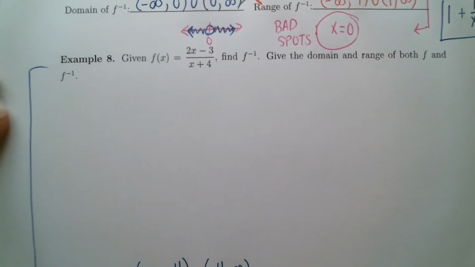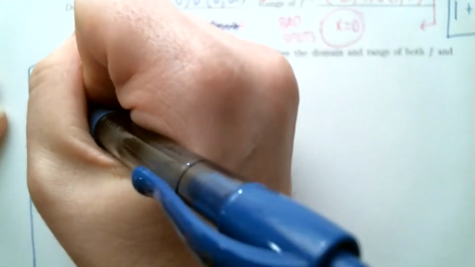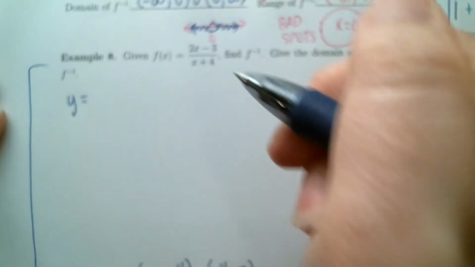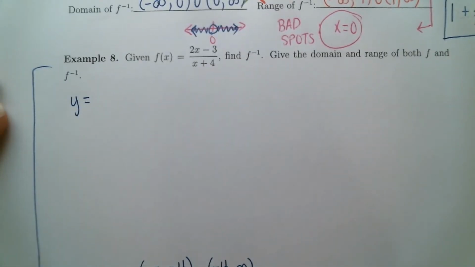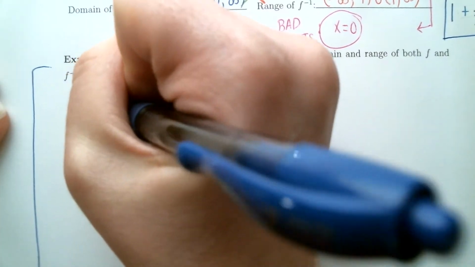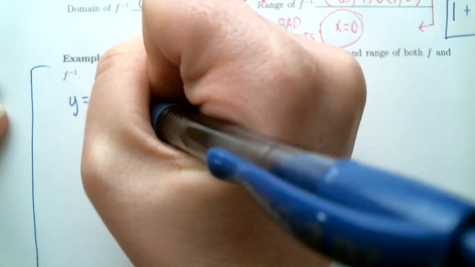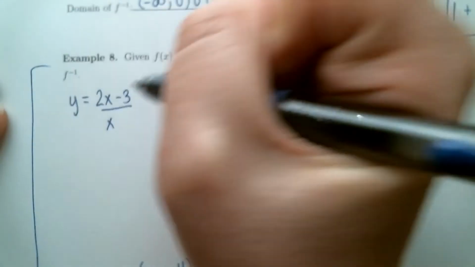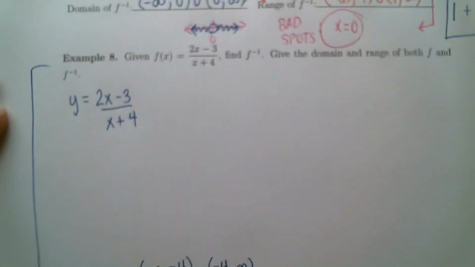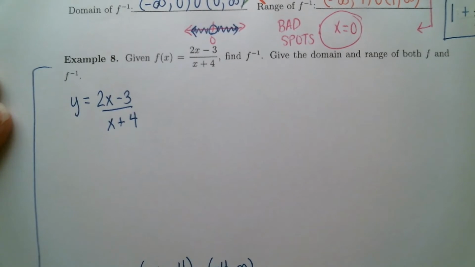First thing we're going to do, change f of x to y. So I'm going to get y is equal to 2x minus 3 over x plus 4. And then I am going to switch the x and the y.